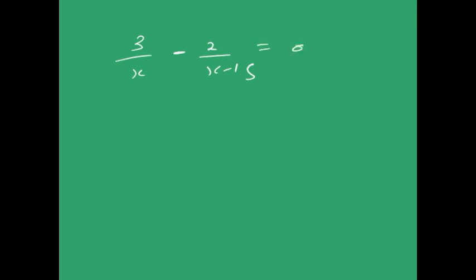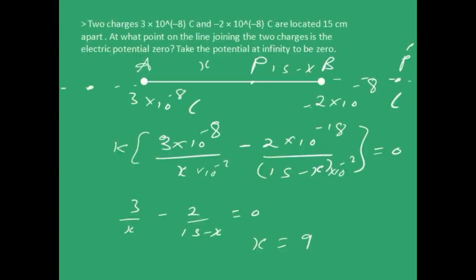Equate this to 0, solve this, and you will get x as 45 centimeters. So at 2 points on the line joining these two charges, the potential is 0: x equal to 9 and x equal to 45. Since this distance is 15, the first point will be somewhere between these two charges and the other point will be somewhere after the negative charge.